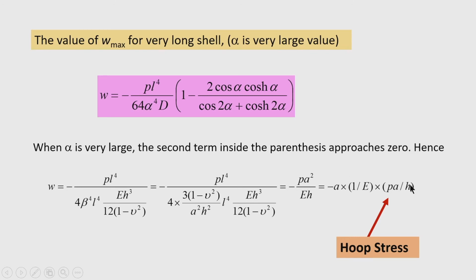P s by h is nothing but the hoop stress in a cylindrical shell subjected to internal pressure. Stress divided by modulus of elasticity E will give you the strain. So, stress by E, that is sigma by E, gives the strain, and strain multiplied by radius gives the change in radius, that is the radial deformation.